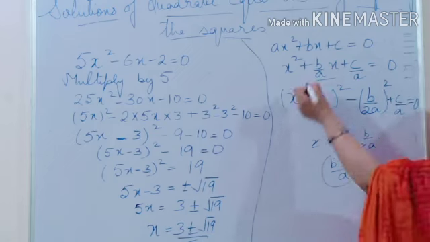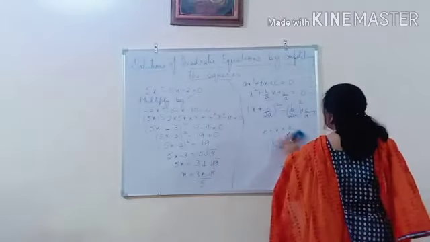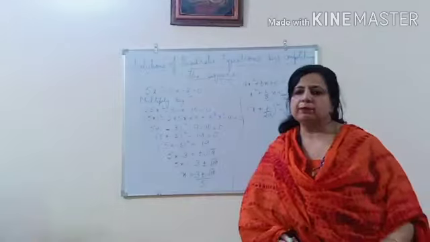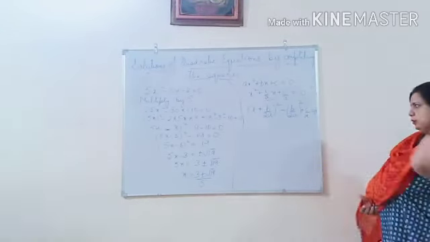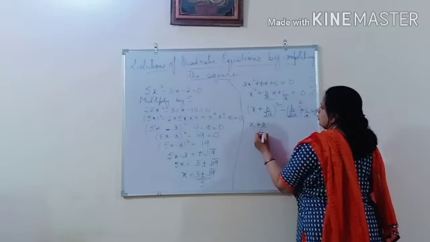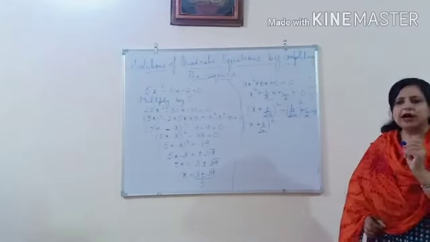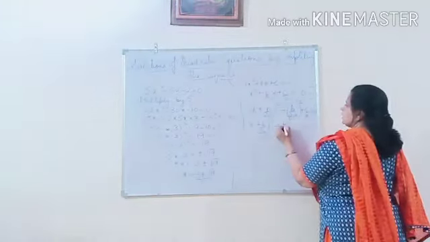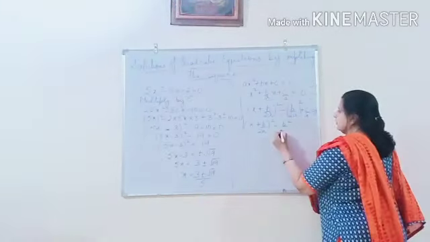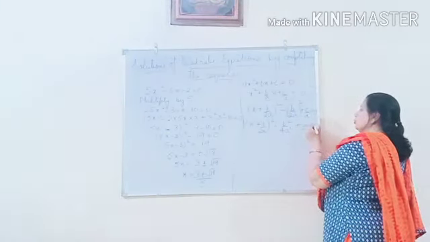Now if you solve this equation, you will get this on solving. All this we have done to complete the square. This will be equal to x plus b by 2a whole square, now you have minus b square by 4a square plus c by a equal to 0.